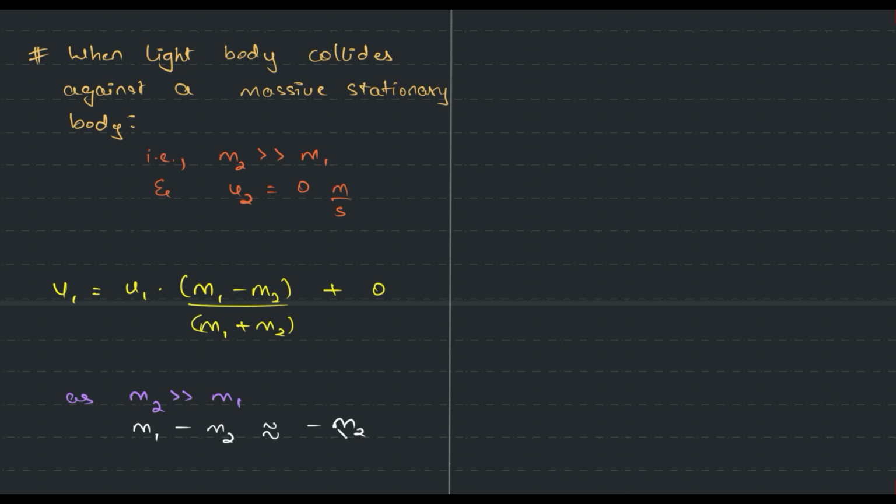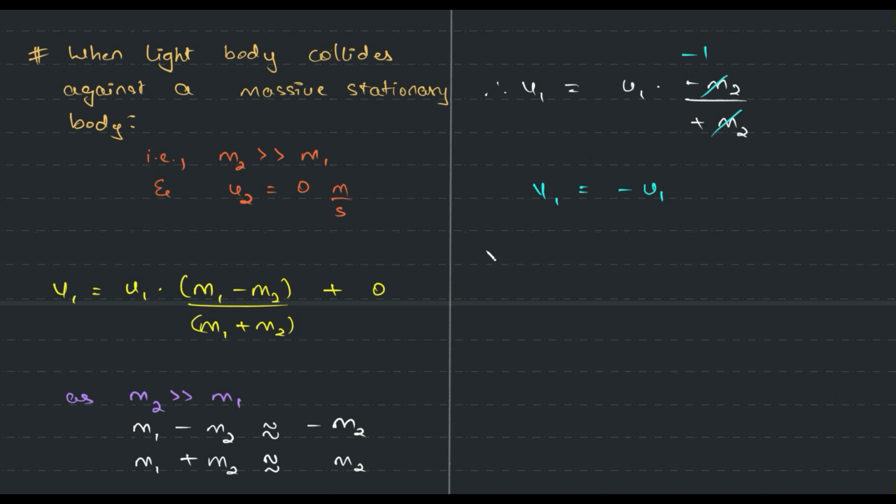So this is a very big value. So the answer is approximately minus m2. Therefore, v1 will be equal to u1 times minus m2, and also in the denominator, when I add a small value to a very large value, it will give me this itself. So this and this cancel, leaving minus 1. So v1 will be equal to minus u1.